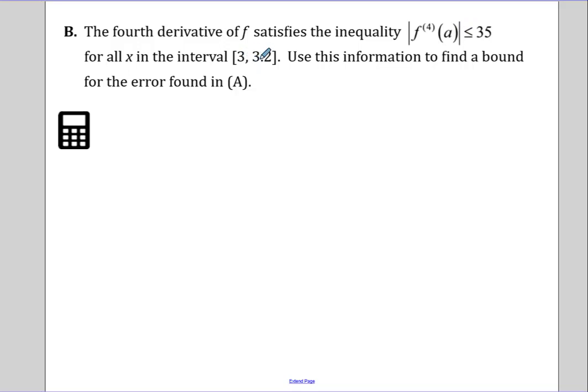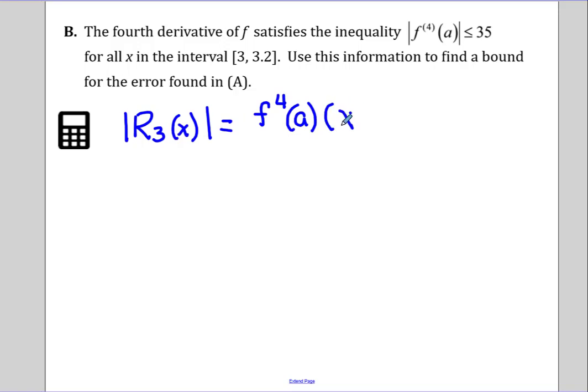Use this information to find a bound for the error that we found in A. Okay, so that's telling us that the absolute value of the remainder of our polynomial at 3 is going to be the fourth derivative at A times x minus 3 to the fourth divided by 4 factorial.